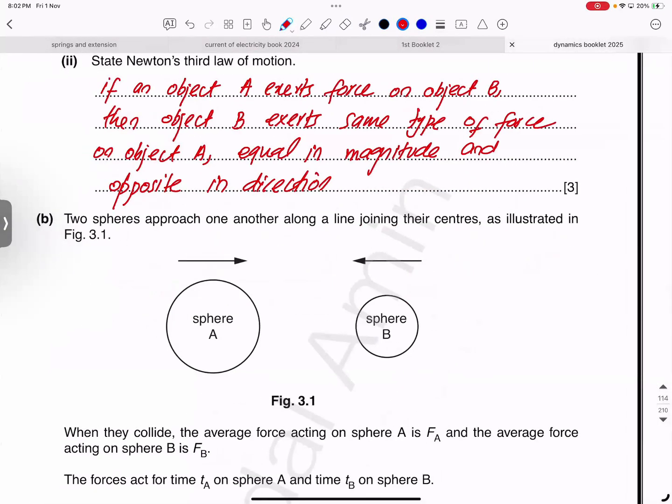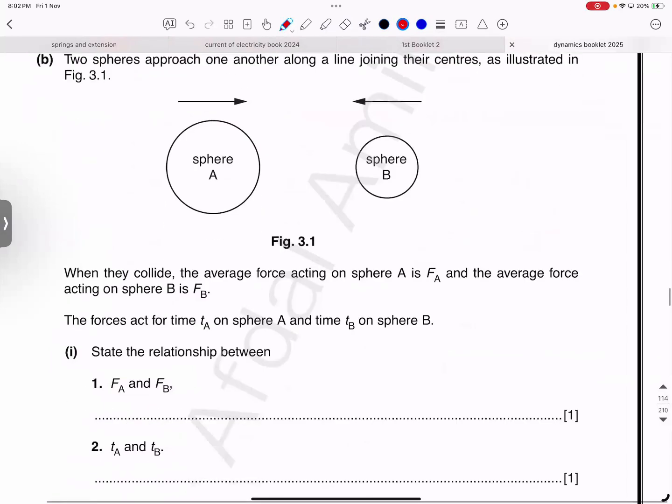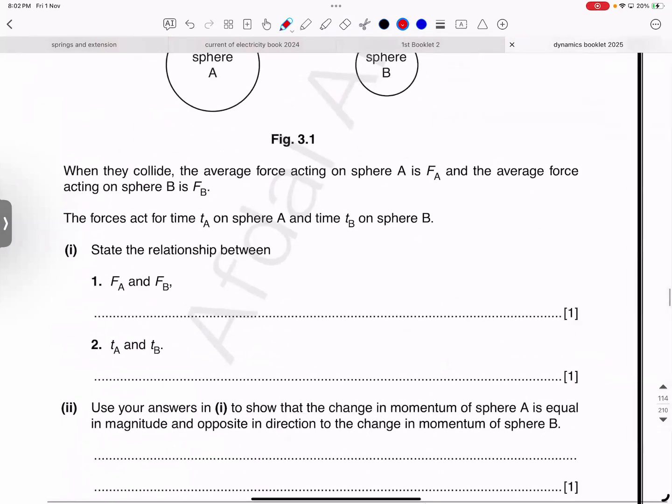2 spheres approach each other along the line joining their centers as illustrated in figure 3.1. They are approaching. When they collide, the average force acting on the sphere A is FA and B is FB. They interact. You just wrote up that the forces are equal and opposite, and you wasted 20 minutes to think.